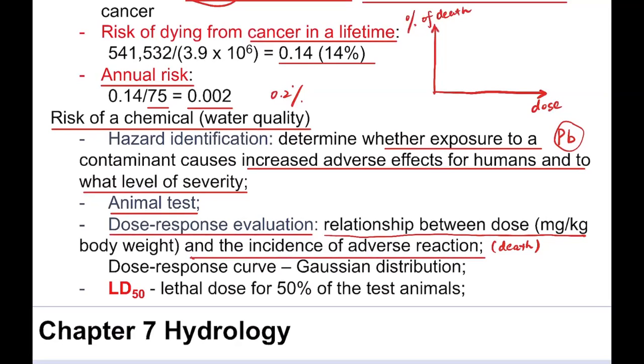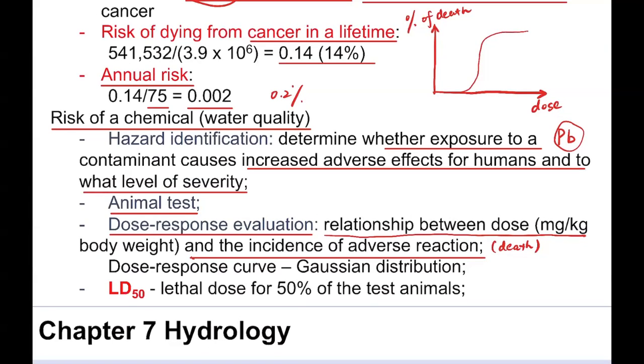For example, if we're talking about lead, we use a bunch of lab rats and let them ingest different doses of the lead into their body. We can see they show a curve that looks like this.